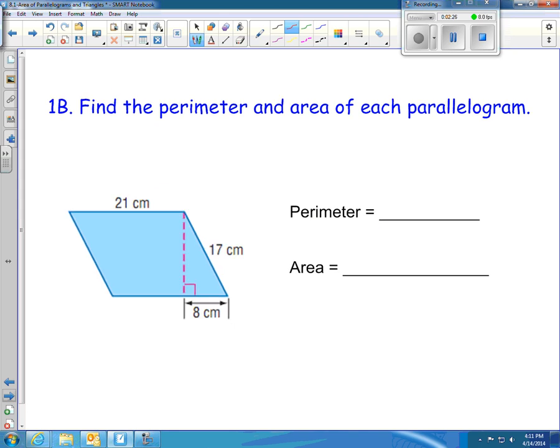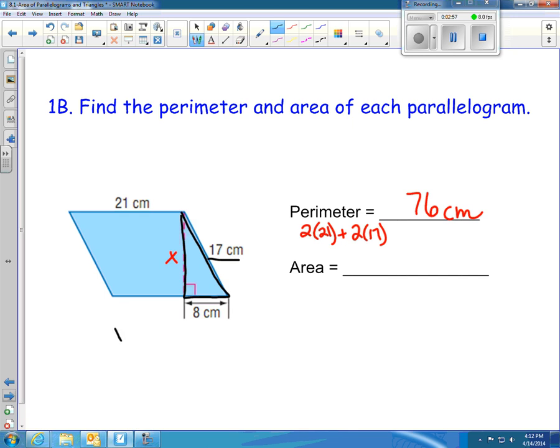Okay, now looking here, I have my information for my perimeter. Let's start with that. So I have 2 sides that are 21 plus 2 sides that are 17, and I get 76 centimeters. Now I don't have a height for this. I have an unknown here, but if I look, I have a right triangle, and I know my hypotenuse, and I have one of my sides.